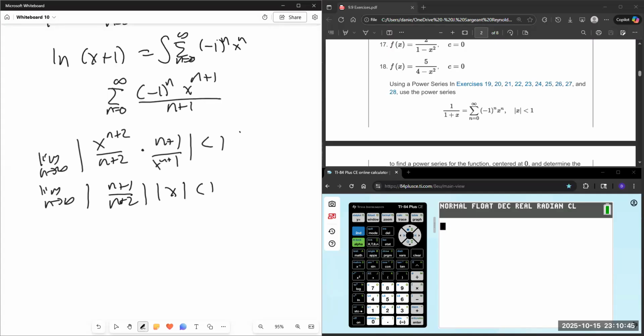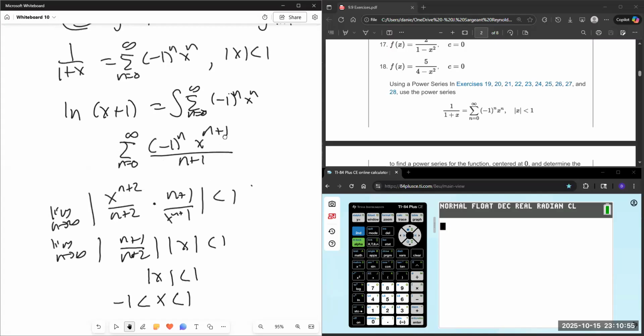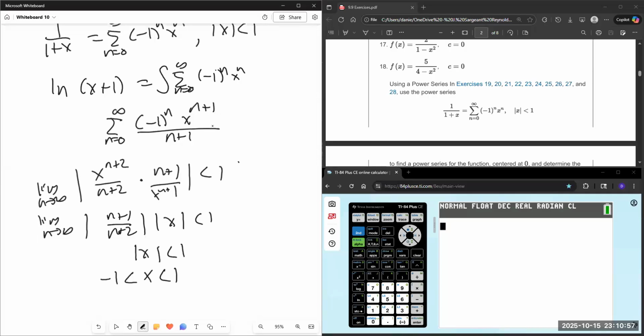So absolute value of x is less than 1. x is between -1 and 1. Come back up to my series here. If I put in -1, (-1) to the n plus 1 times (-1) to the n, that's (-1) to the 2n plus 1, giving -1 over n plus 1, a divergent series that's related to the harmonic series. So it does not converge on the left-hand side.